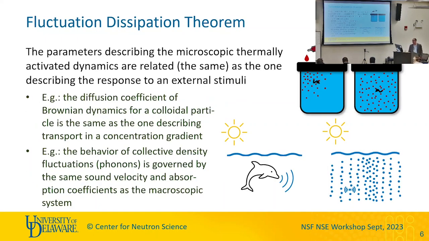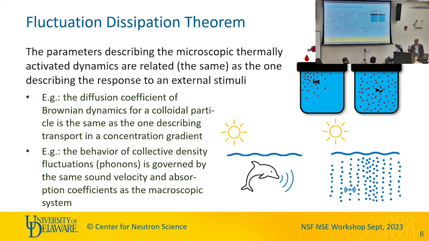Why are these fluctuations important? Bottom line is because the way your system dissipates a fluctuation is the same way the system responds to an external stimuli. The same diffusion coefficient that controls the Brownian motion of your particle is the same diffusion coefficient that dissipates a gradient of concentration.